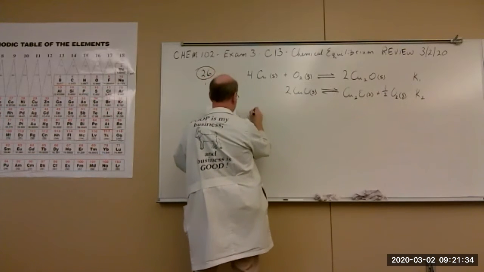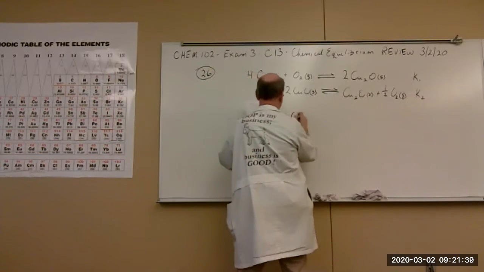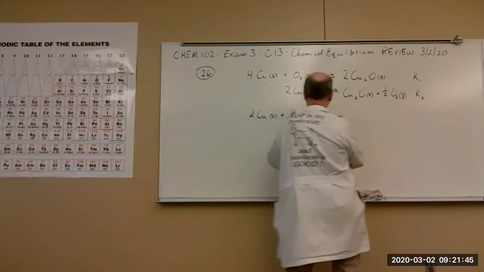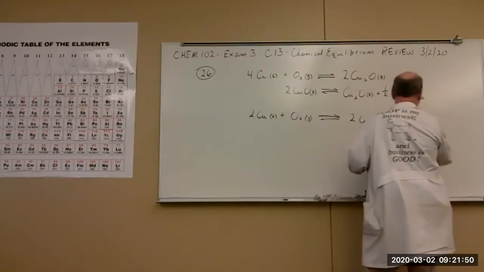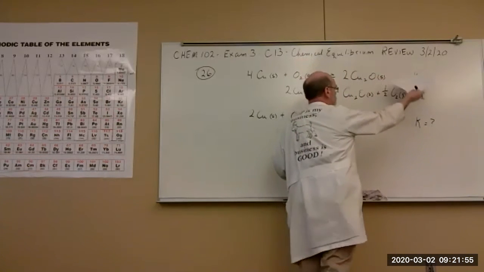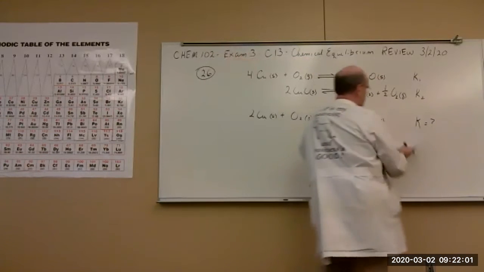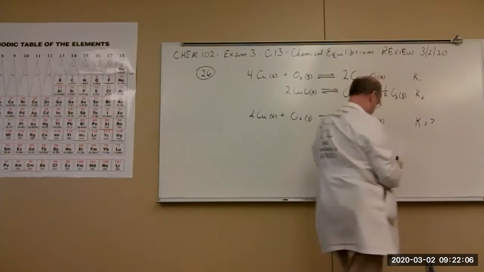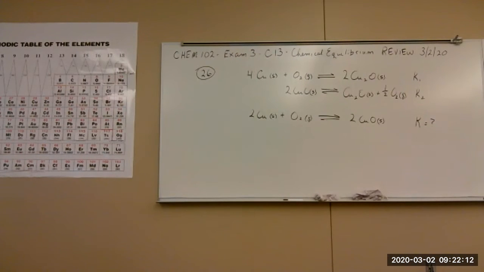Okay, this is our target. We want to know what that K is in terms of these two Ks. You look at your multiple choices, the value for this has to be written in terms of these two guys. Okay. So let's see if we got any transformations that are required.